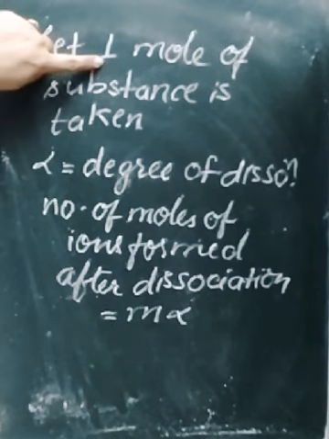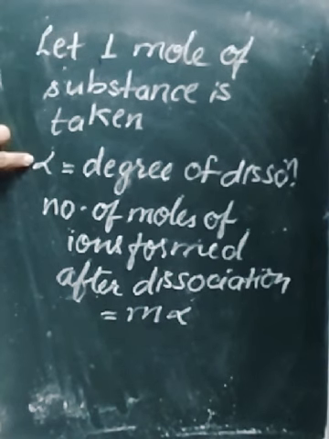Total substance taken is 1 mole, alpha is the degree of dissociation, so how many ions are formed? m alpha.